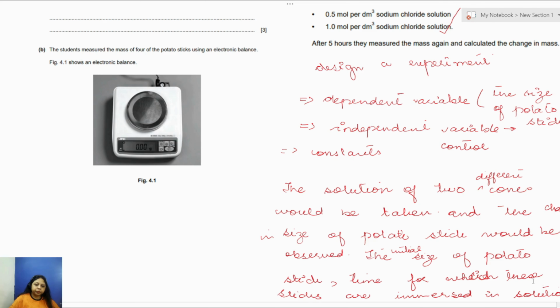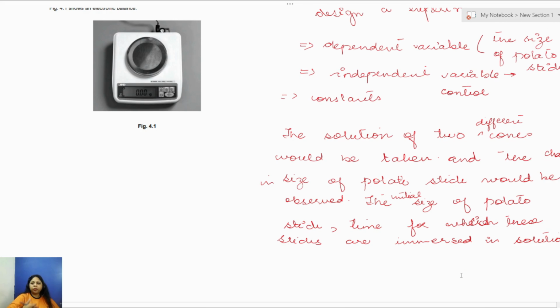And moreover, if there are plants, then definitely there is more. Okay. Third thing, the temperature of the solution should be constant, because if there is higher temperature, it would make a difference.